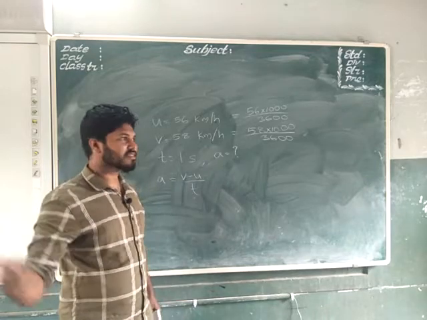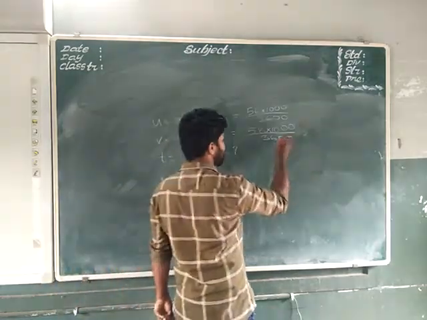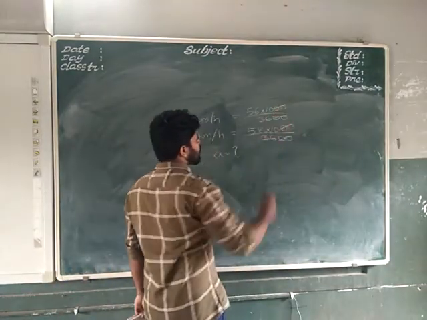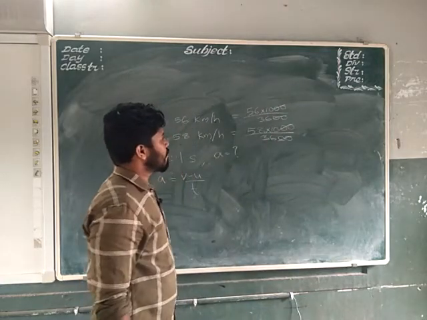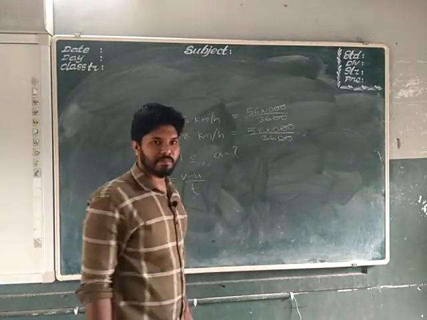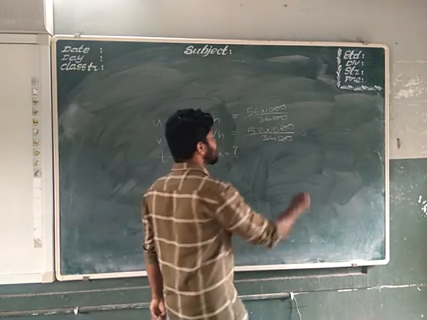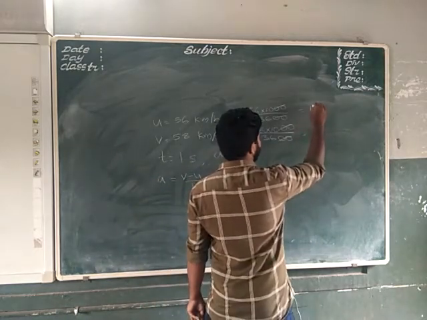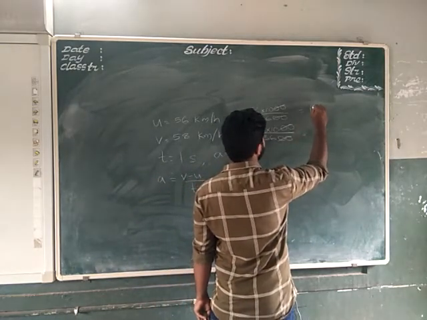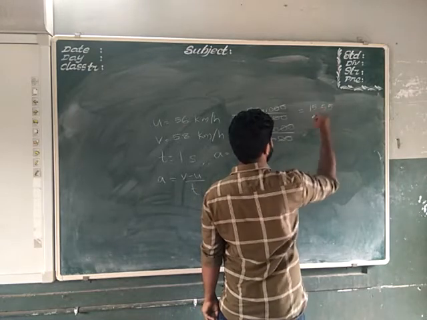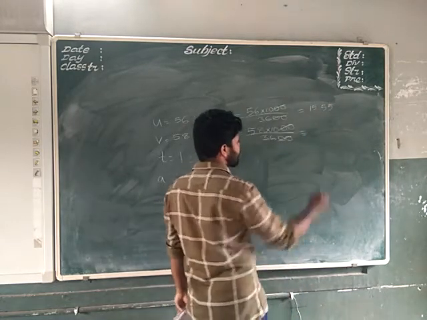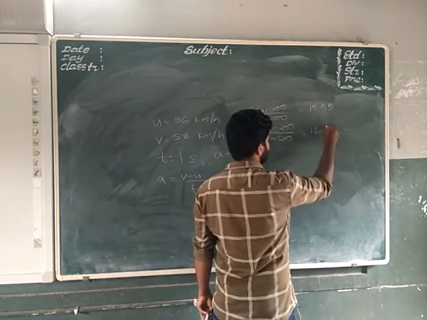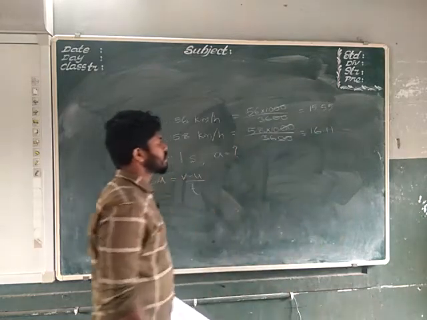So 60 into 60 is 3600. So we can cancel this. 56 into 10, 560 divided by 36. If you divide this, you will get about 15.55. And if you divide the other, you will get 16.11.